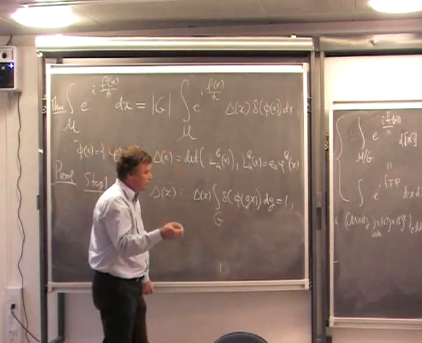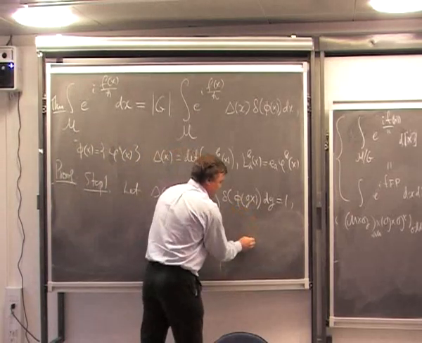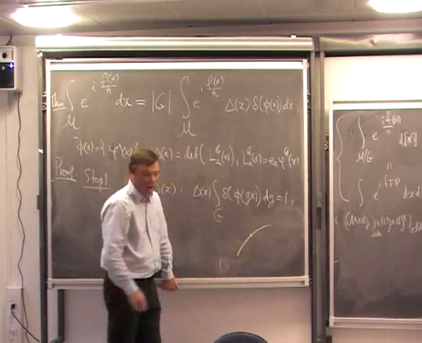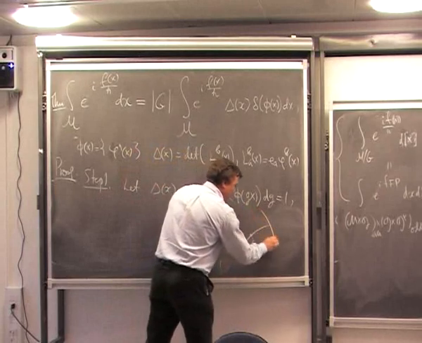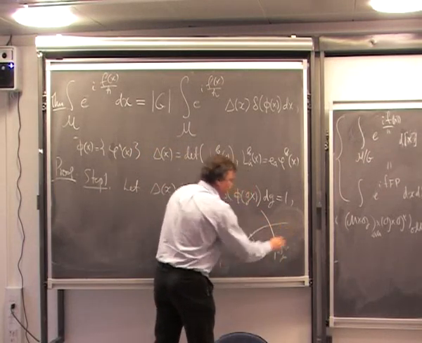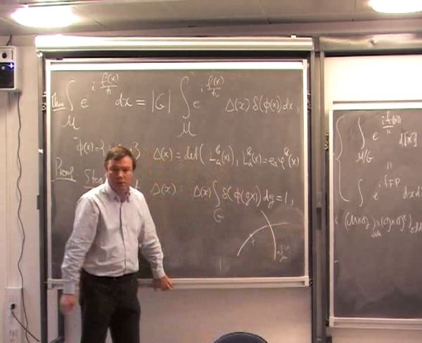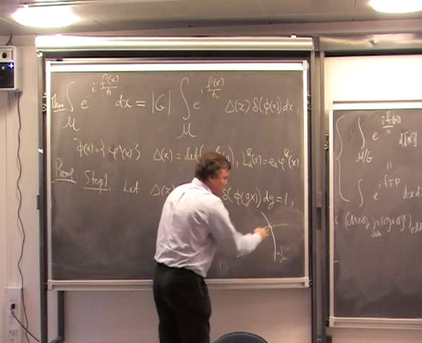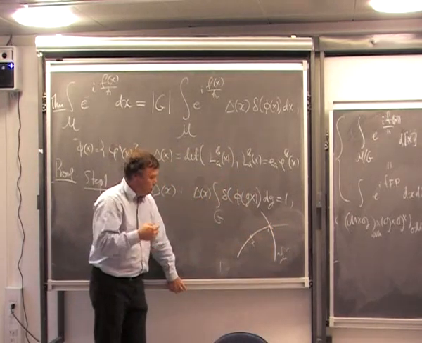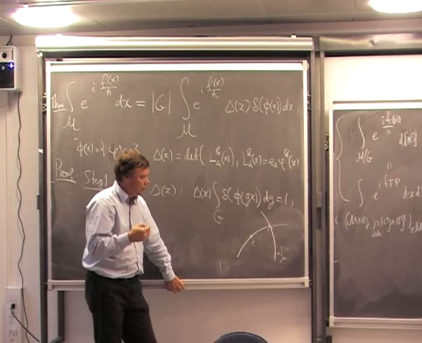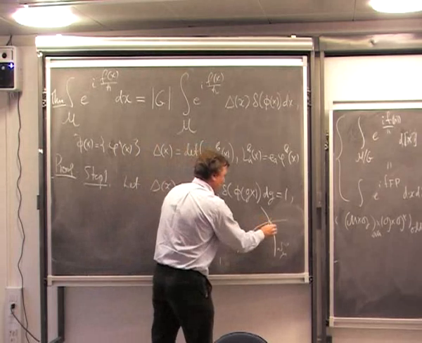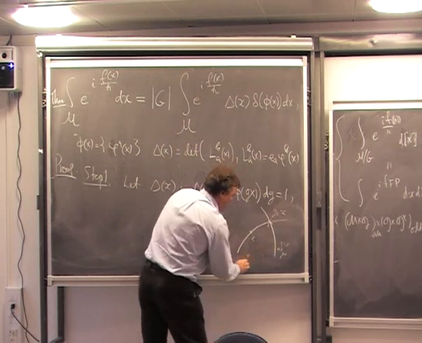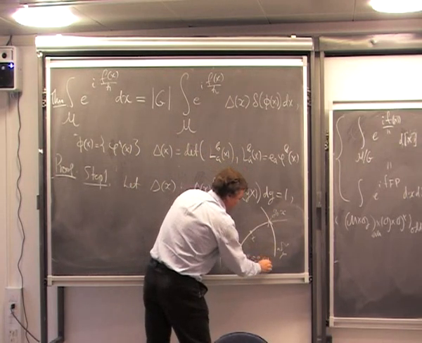So fix x on M. This is our point somewhere. It lies on a certain G orbit. This is x. This is our constraint surface, the cross-section S_phi. And at one point, the G orbit through x intersects S_phi. Just for future use, let's denote this point as g0 x, where g0 is some function of x.